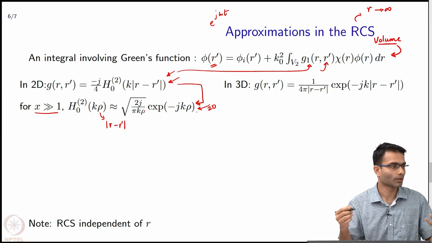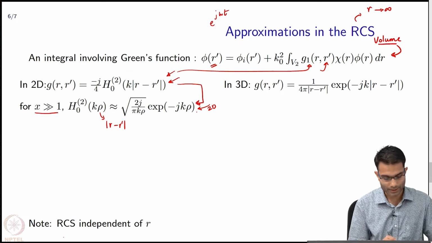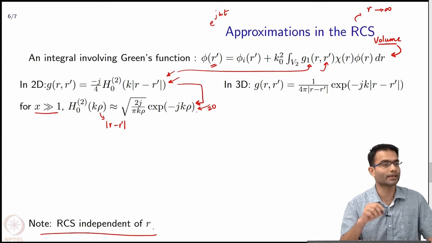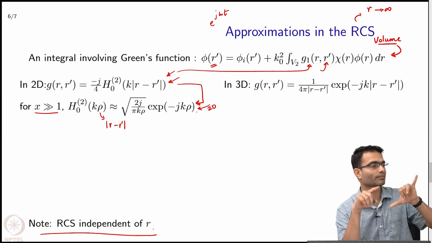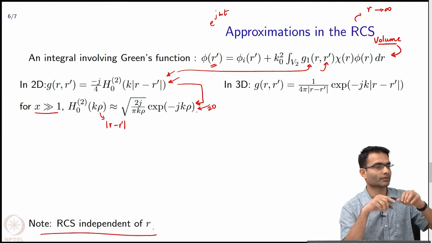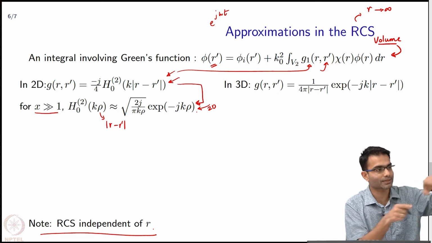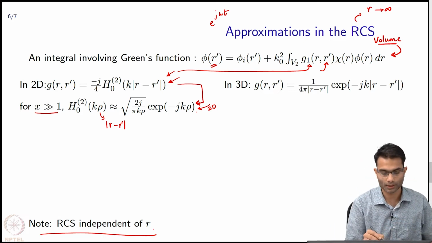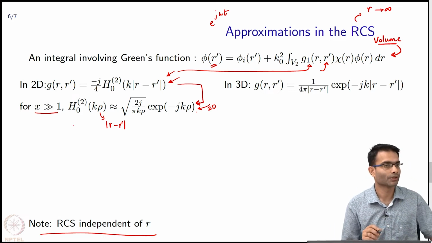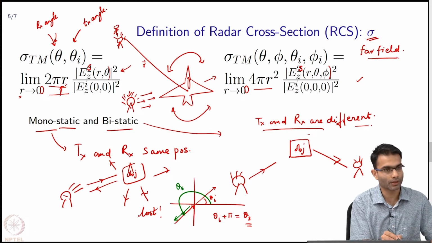I will get rho, and that rho cancels off with this r over here. As a result, the RCS is independent of the distance at which I am. It is not that it depends on whether it is 1 kilometer or 2 kilometers. I do not get different answers each time, because that distance has cancelled off from the numerator and denominator of here. That is the reason why the definition of RCS has this 2 pi r over here.